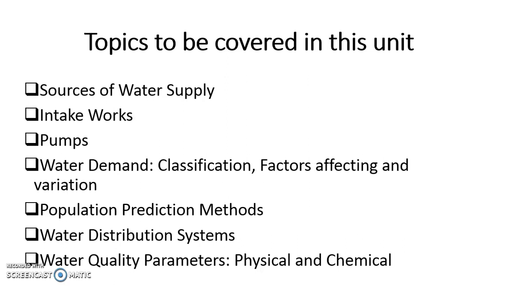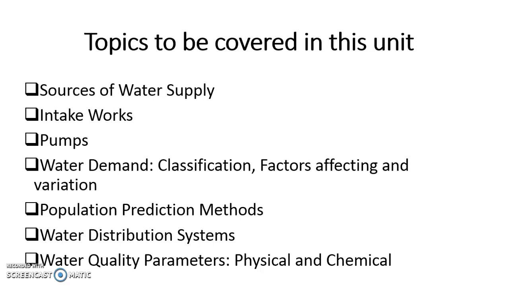Okay. Then how are we going to get water for treatment at these treatment plants? So these intake structures are used to transport the water from the source of supply to the water treatment plant. Okay. Next are the pumps.